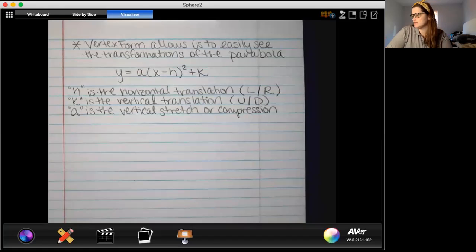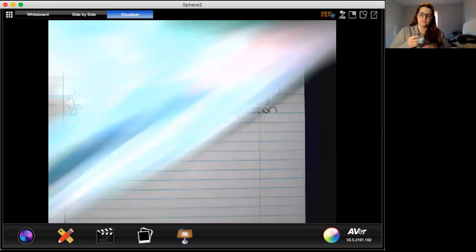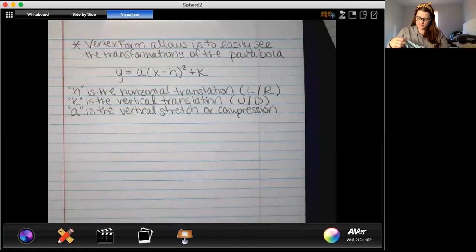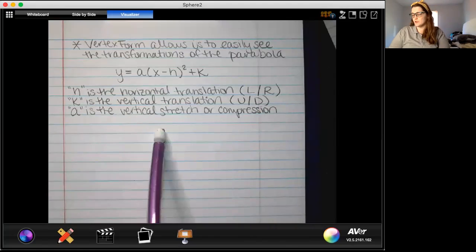If I had this headband, for example, if I vertically stretch it, it's going to elongate, right? If it's like this and I stretch it, it elongates. If I compress it, it flattens. So we have vertical stretch and compression.